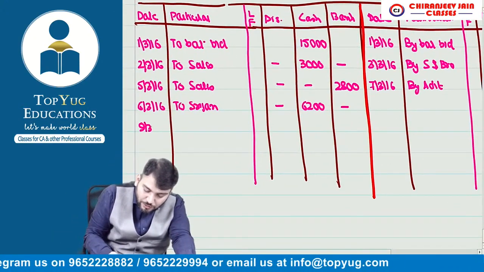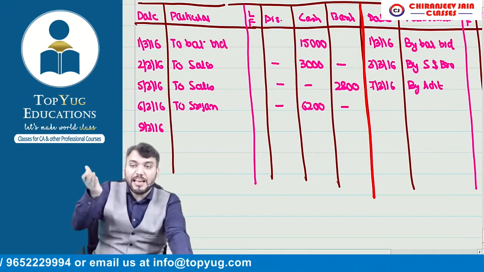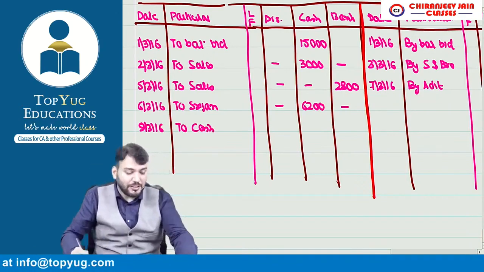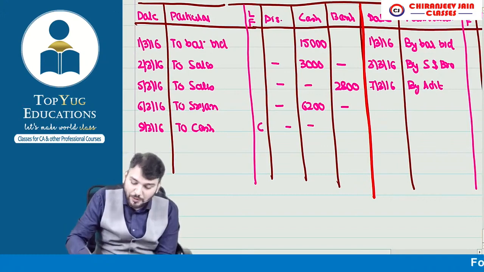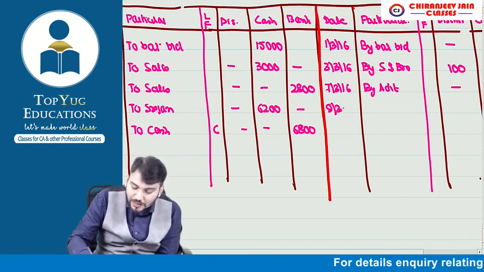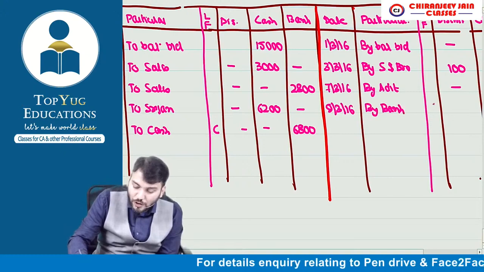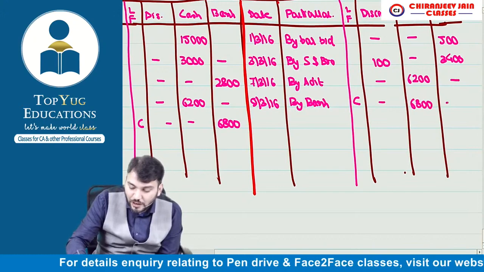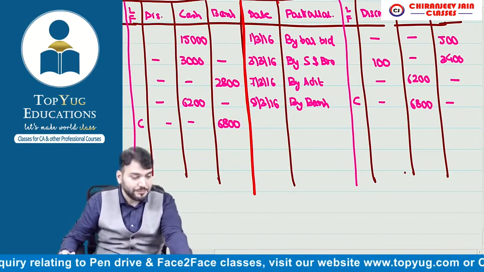So 9th March 2016, so cash deposited into bank, तो cash will decrease and bank will increase. तो यहाँ लिखेंगे to cash, bank account debit to cash, to cash लिखा, and this is contra, तो bank balance will increase by 6,800, and we'll do simultaneously posting in the credit side also, यहाँ लिखेंगे by bank, and we write down contra, and can I say cash will decrease by 6,800. I think this also you have understood. Yes sir, we have understood, correct.